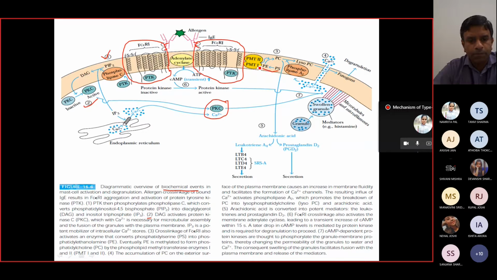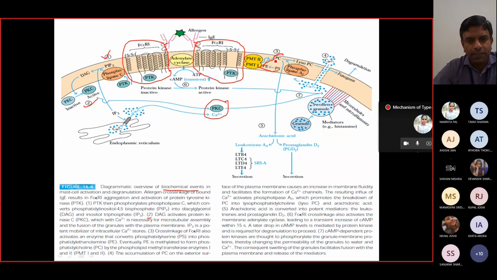Okay, eventually PE is methylated to form phosphatidyl choline, so this now forms PC, okay. With the help of the enzyme PMT, which is your phospholipid methyl transferase enzyme 1 and 2, okay.